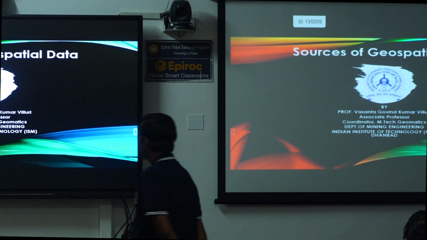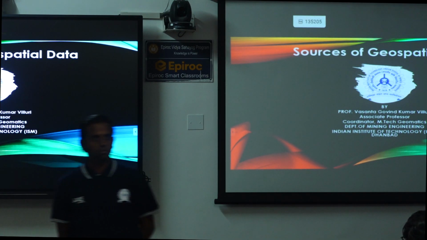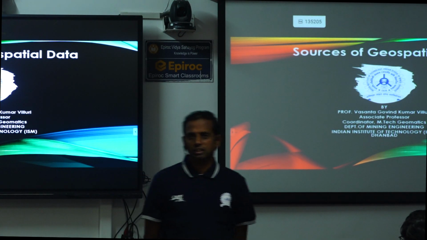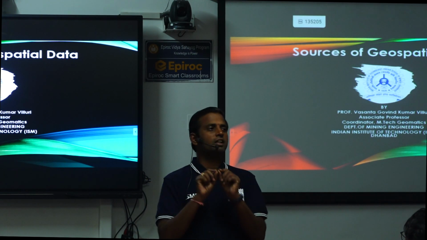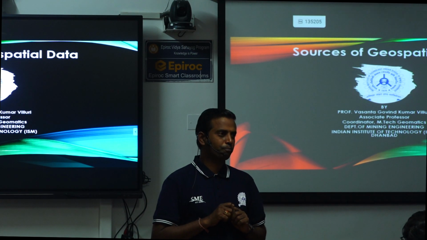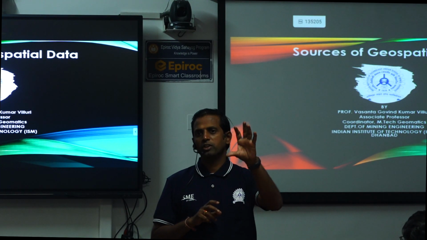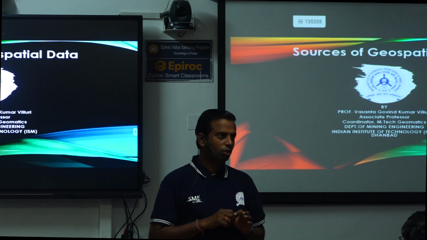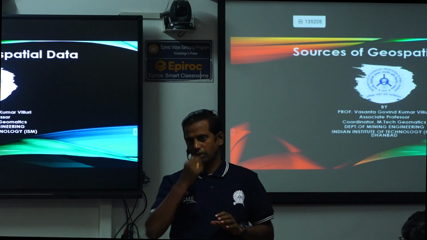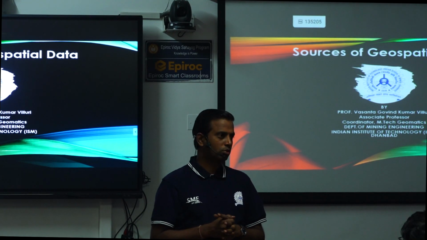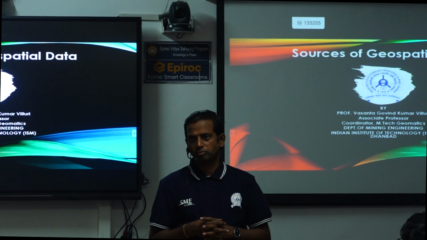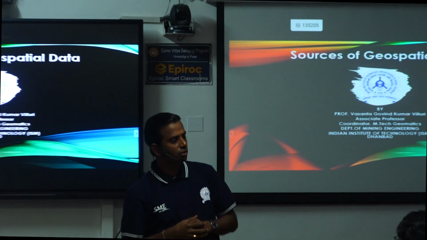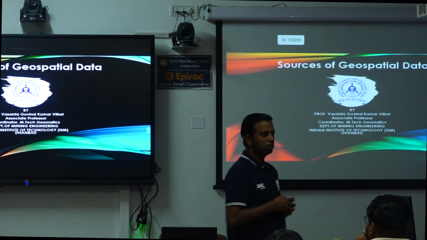Now today we will discuss, I think in the initial class yesterday, I gave a small introduction about geomatics. It is about the combination of remote sensing tools, digital image processing tools, geographical information tools, and GPS and GNSS.